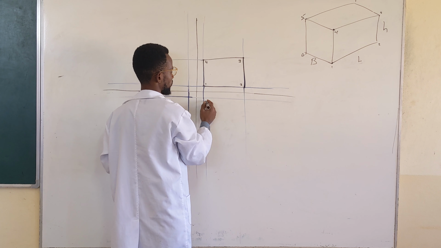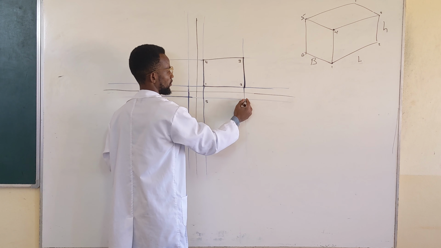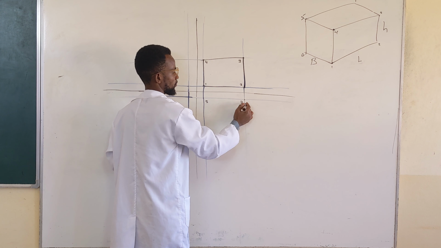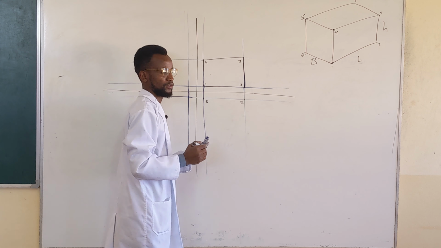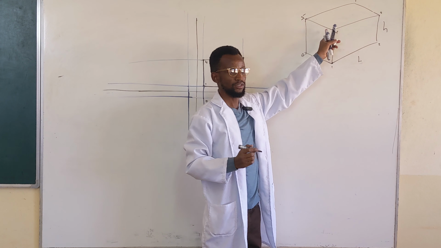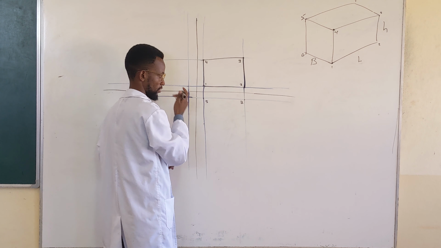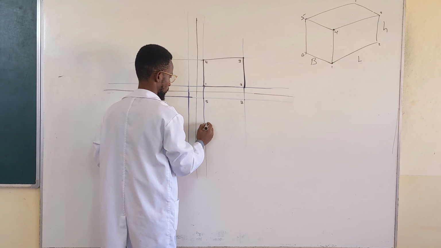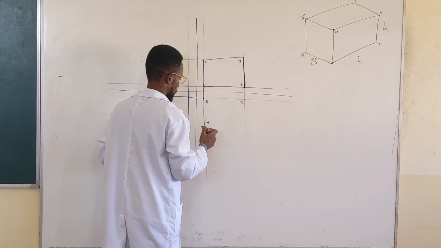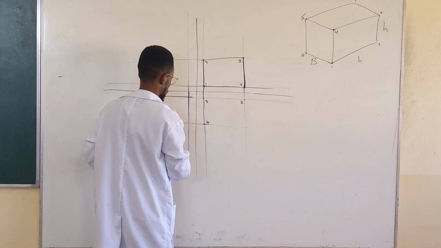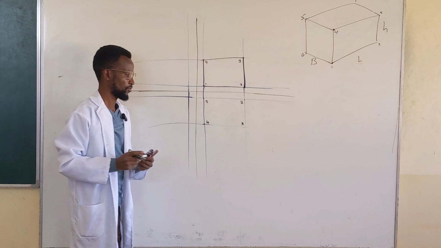So this one will be 0.5, 0.7, and then you measure the distance from this point to that point. So you're going to have this line again, 4 and 3 like that.